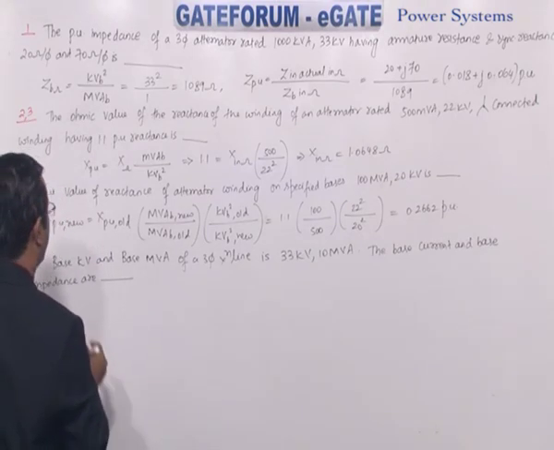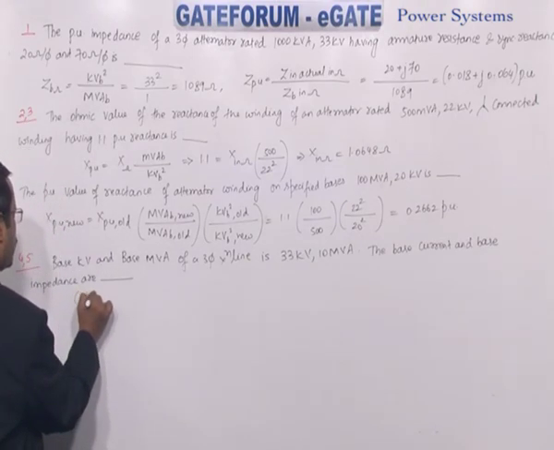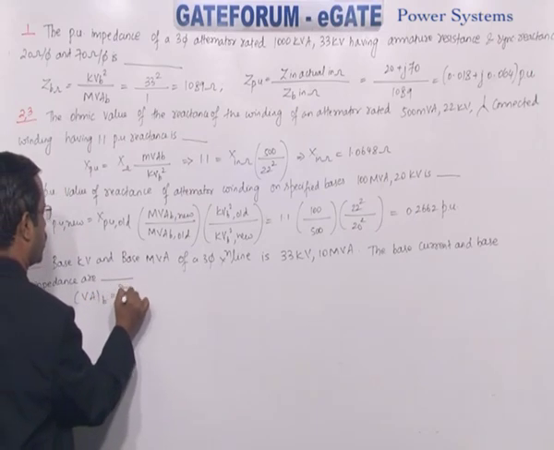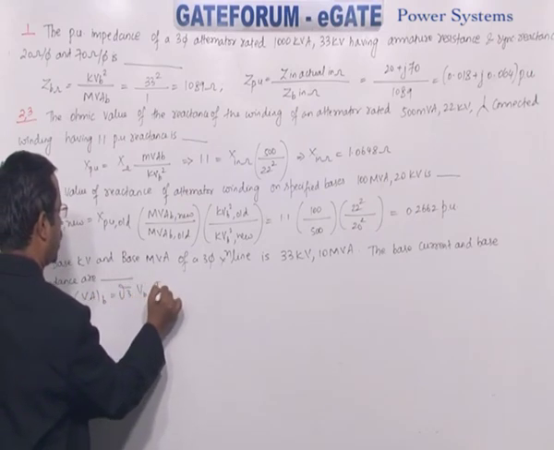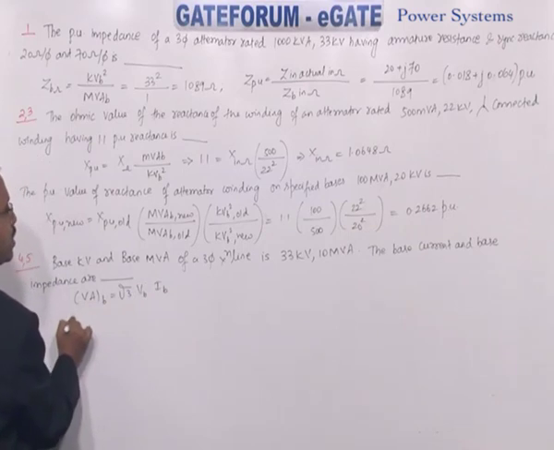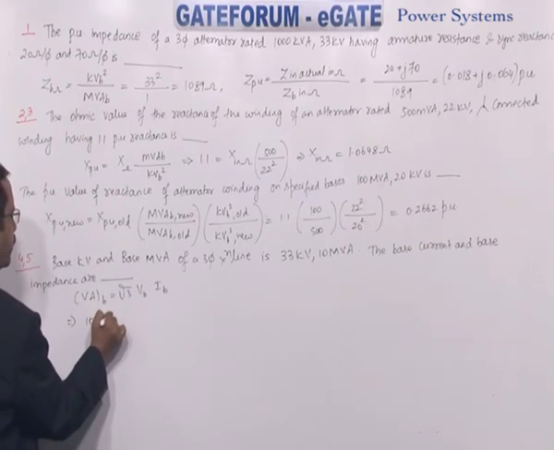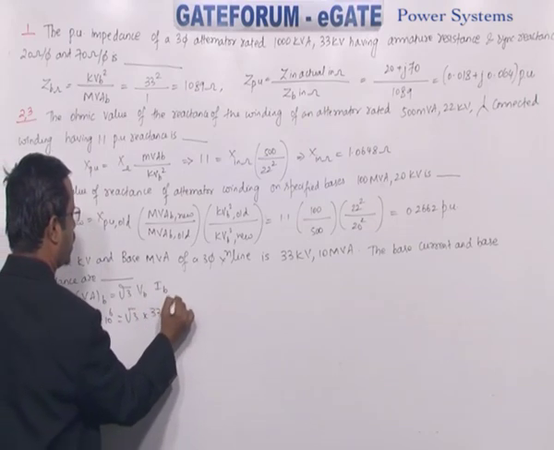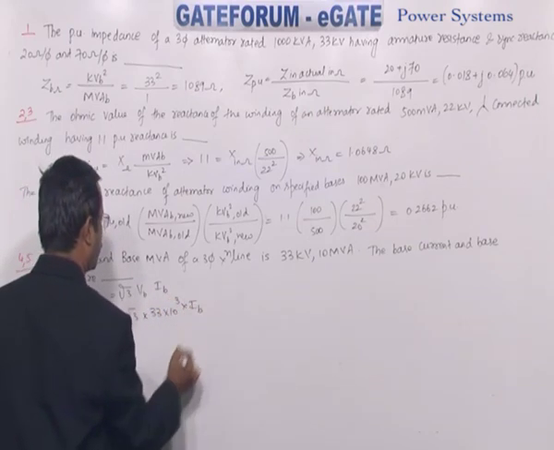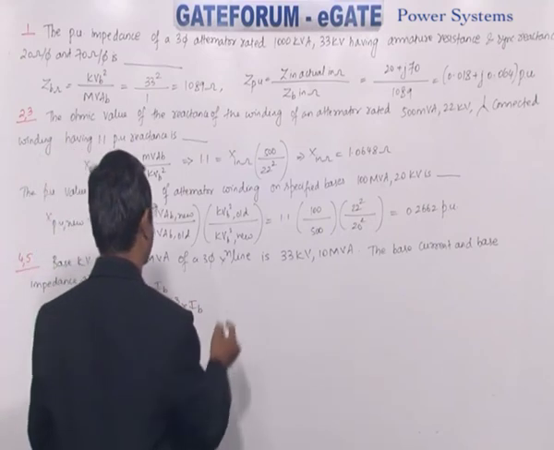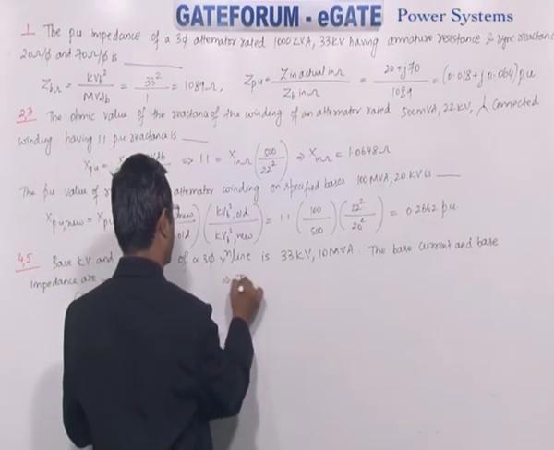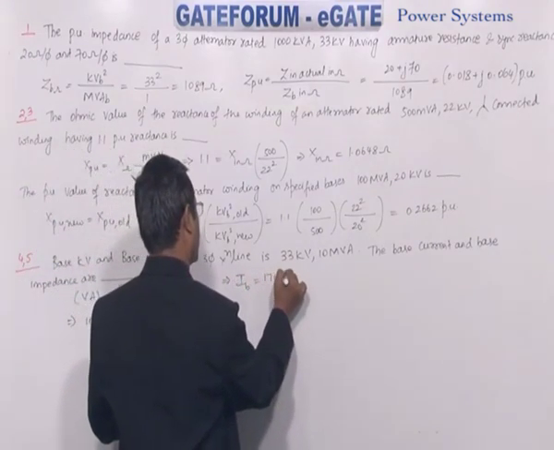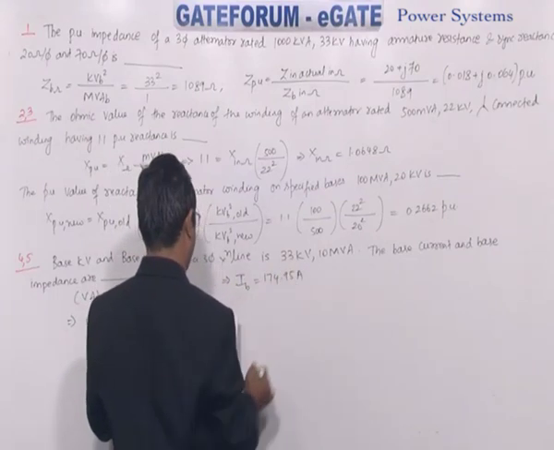So how to calculate the base current? You know base volt ampere is √3 times base voltage times base current, 10 MVA, base voltage 33 kV. So find out what is base current. 174.9 amperes, this value.